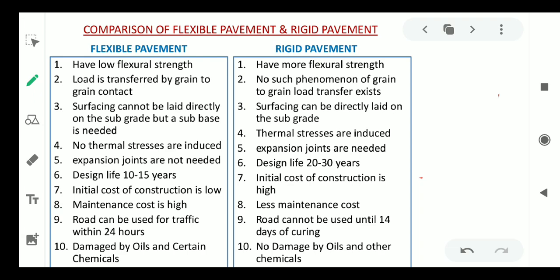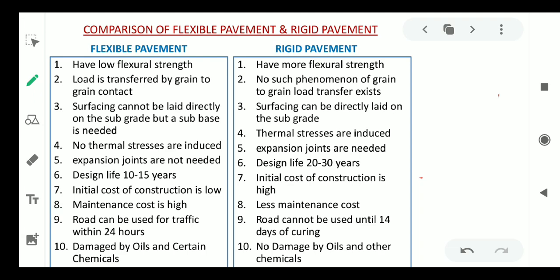But in case of the flexible pavement, the load acts on the pavement in a very small area, so the pavement is deformed under the heavy loading, and after passing of the load it may regain. So there is very low flexural strength in the flexible pavement, and in rigid pavement there is a flexural strength.